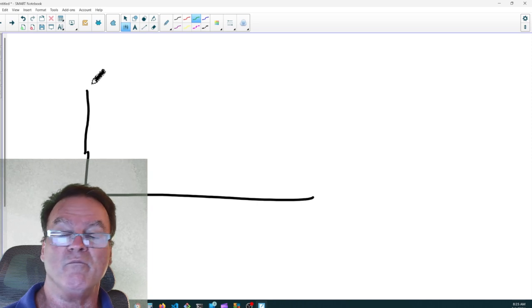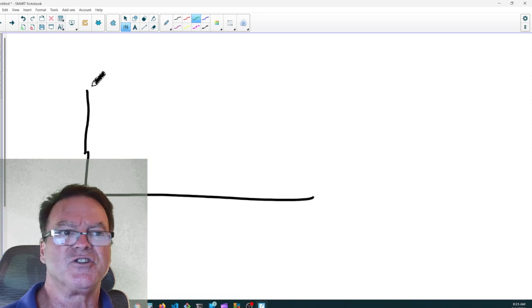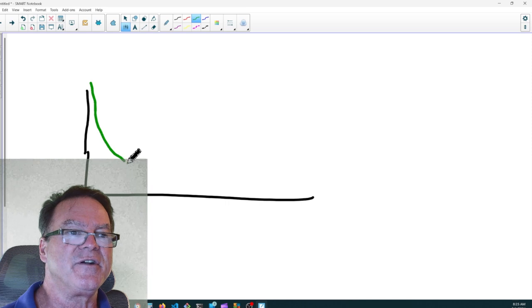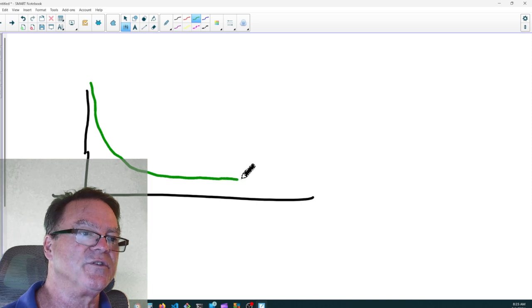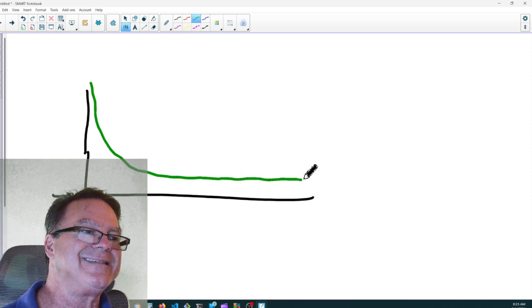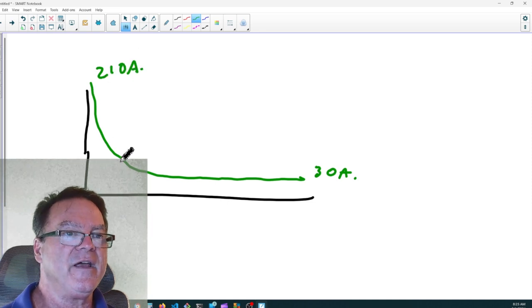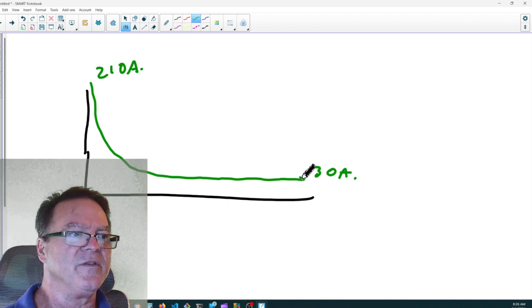So if you have a motor that runs on 30 amps, you could have as much as 210 amps flowing at startup. But very quickly, as the armature starts to rotate, that motor starts generating a counter electromotive force, and that counter electromotive force opposes the source voltage, and it brings that running current down to its 30 amps. So it's a good thing. We might start at 210 amps way up here, and then as it comes up to running speed, it levels off at the running speed, the full load current of 30 amps on that motor.